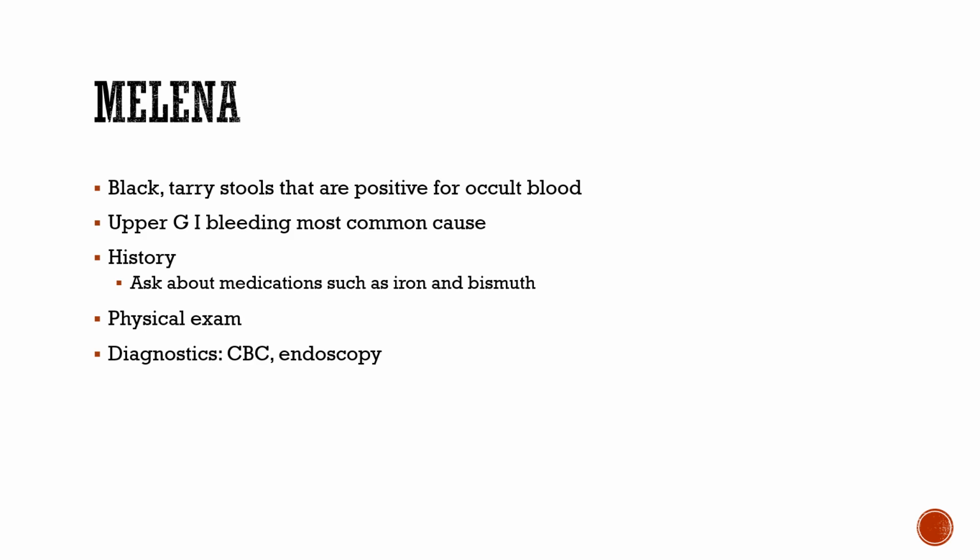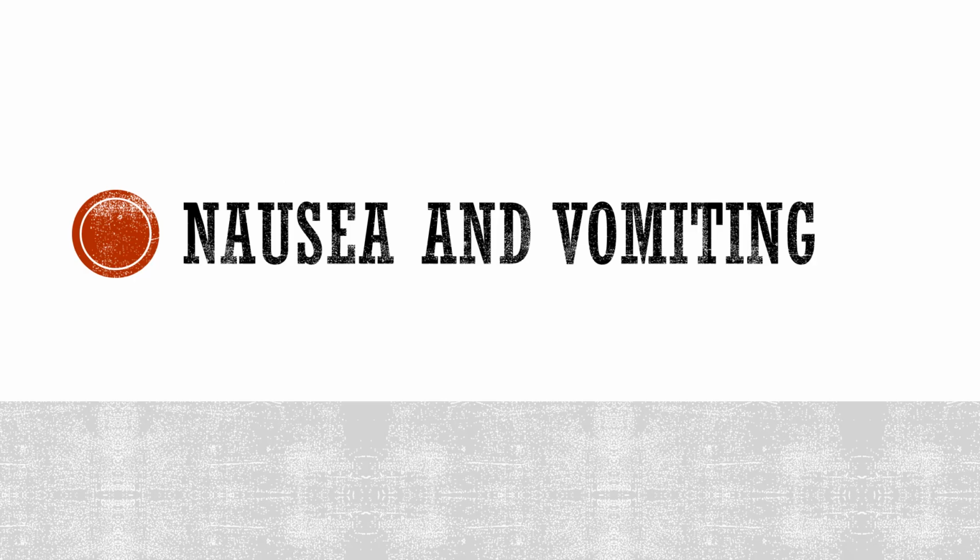Diagnostics include complete blood count. You're going to check for anemia, and endoscopy is helpful for upper GIs. Management depends on cause. The next section is an overview of nausea and vomiting.